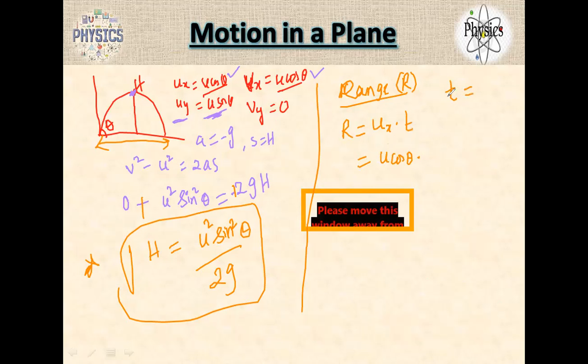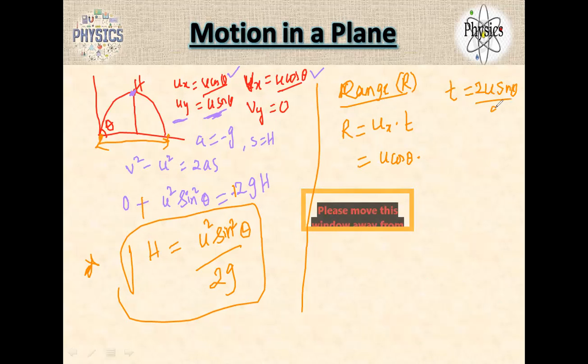What is T? Here you need to take the total time, from A to B: 2u sin theta by g.